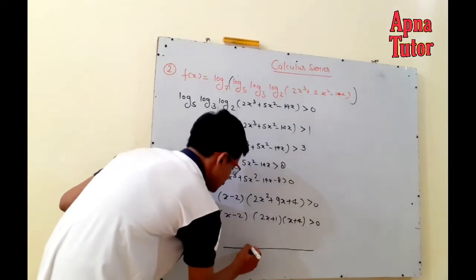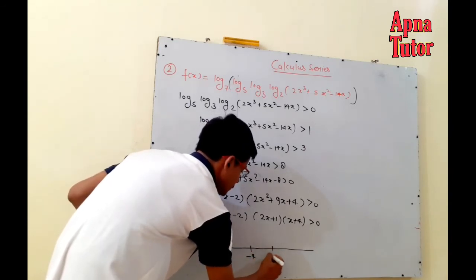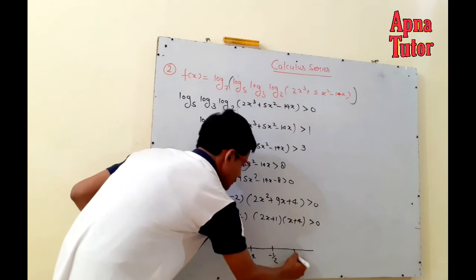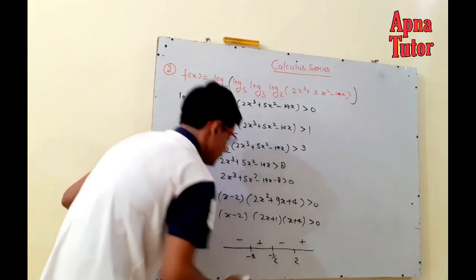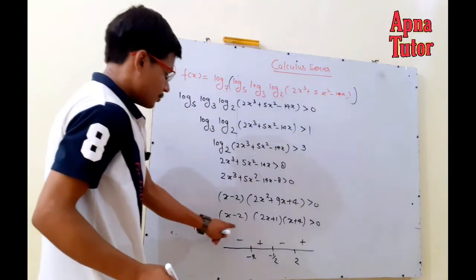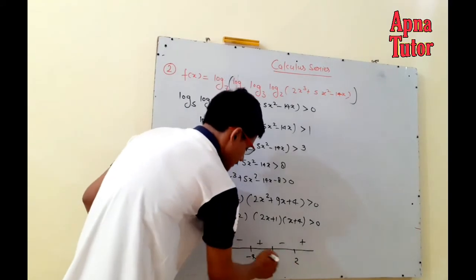What are the points of inversion: x equal to minus 4, x equal to minus half, and 2, with signs plus, minus, plus, minus. To make this inequality positive, you have to take these sections.